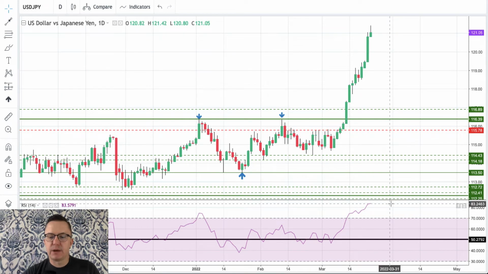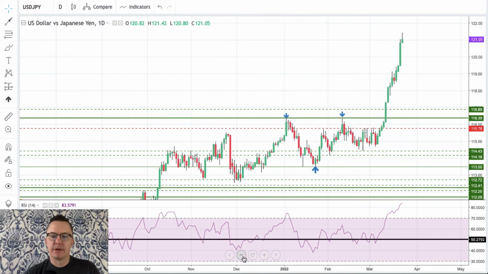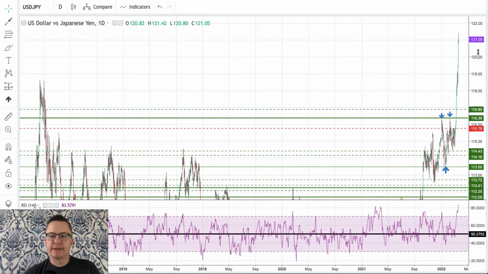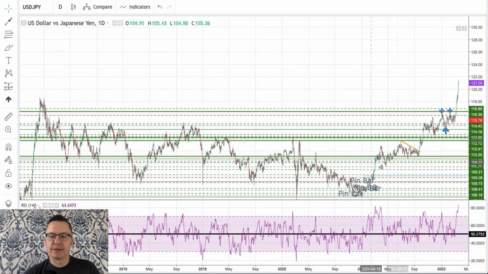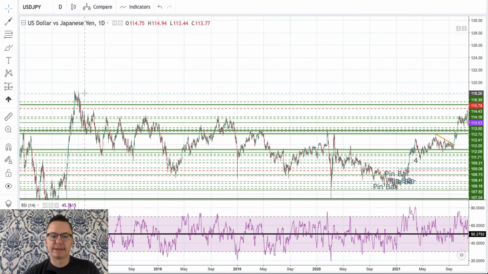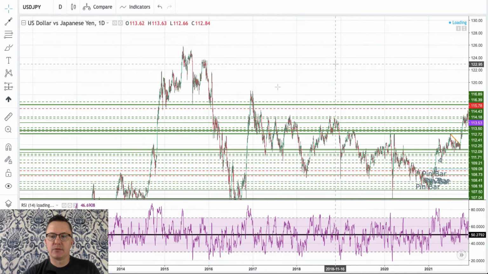The market is way extended to the upside. 82 points is an extremely extreme level. Those market conditions are very extreme. However, if we again zoom out, we can easily see that this move to the upside is clearly impulsive. We passed the highs of 2017 and are heading higher. Where is the target?